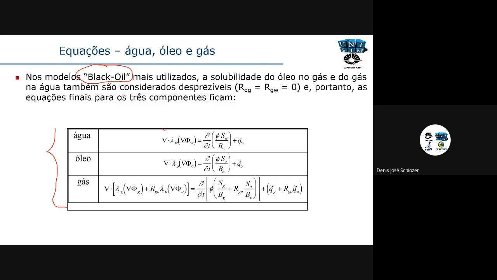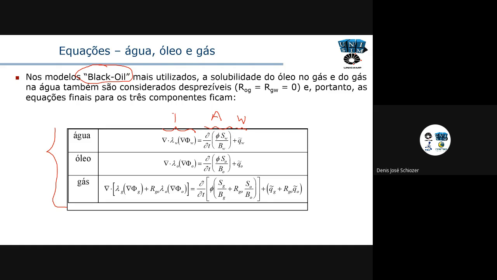This part here is the accumulation term, which is the amount of fluid that is accumulating in the block. This term here is the well term, which is the amount of fluid that's going in or out of the block because of the well.